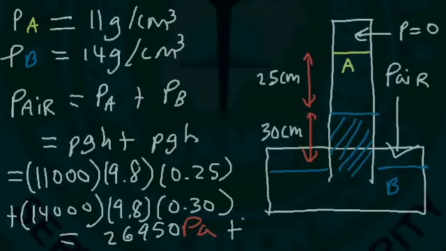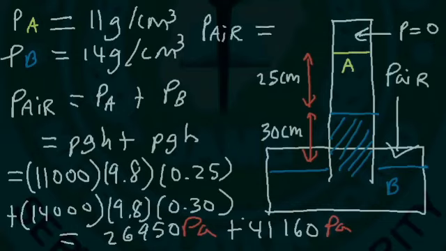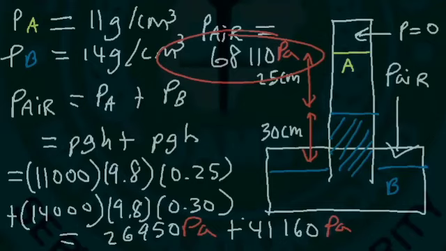So it's about 41,160 pascals. So now let's add these two values. So the pressure of the atmosphere under these conditions is about 68,110 pascals. So that's how you can calculate it with an open barometer that contains two different fluids.